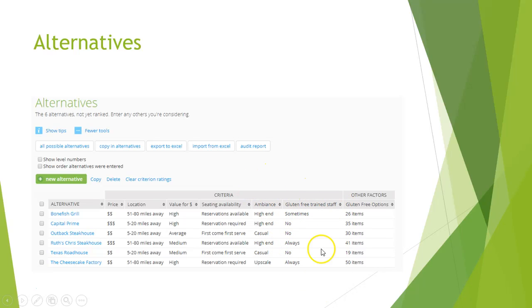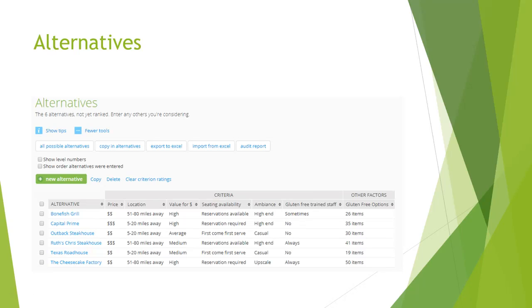Gluten-free trained staff as well, that was a personal opinion. I've been to many of these restaurants many times, and I have had a lot of experience with staff and how well trained they are gluten-free wise on their menu options. And then I also went on the website of all of these restaurants and determined the amount of gluten-free items that they have on their menu.